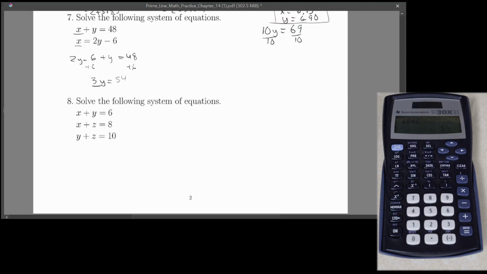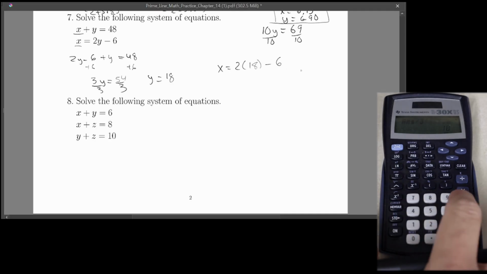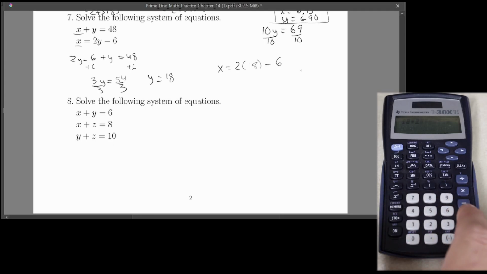And if we divide both sides by 3, we get y equals 18. So then we can say that x equals 2 times 18 minus 6. And so for x we get 30.